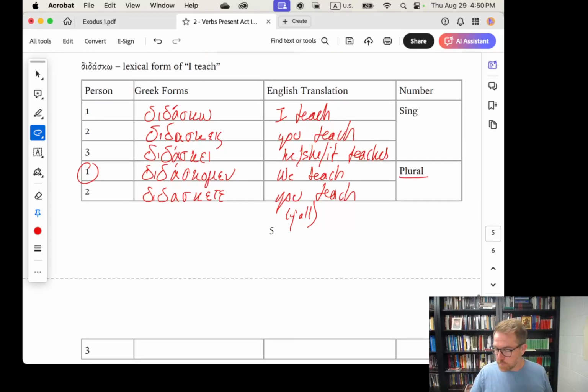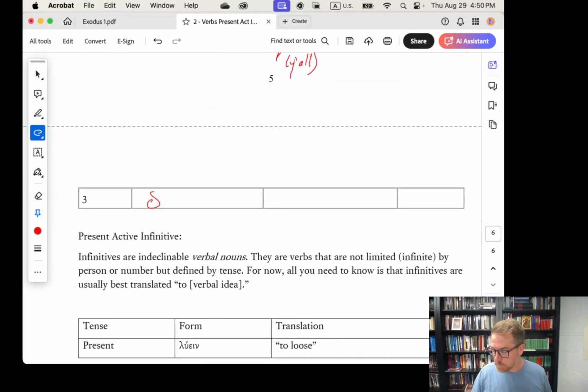And in the third person plural, didask-usin. Again, that movable nu, page 9 of Croy. And that is they teach.